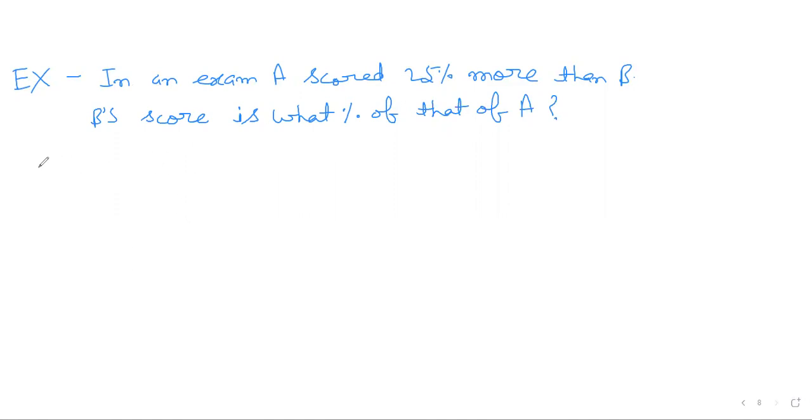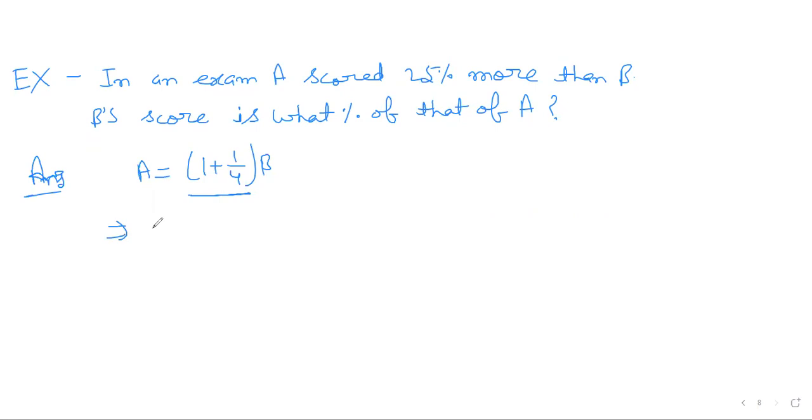So if we solve this, A is nothing but 1 plus 1 upon 4 B. This is the multiplication factor. A's score is 25% more than B. Clear?